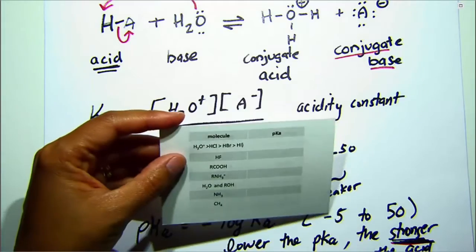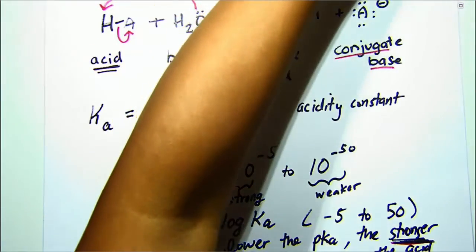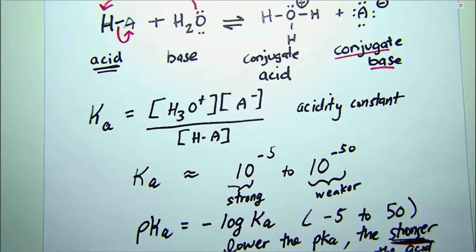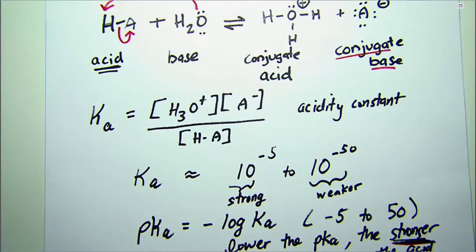And so we'll go through some of these in a bit, but this is definitely a chart that I would start committing to memory. It's going to allow you to predict organic reactions just based on the pKa values. Okay, so with that in mind, let's take a look at now some examples of acids.